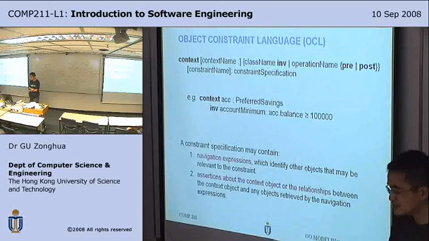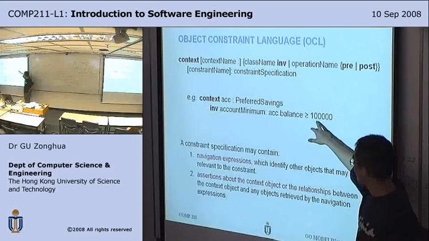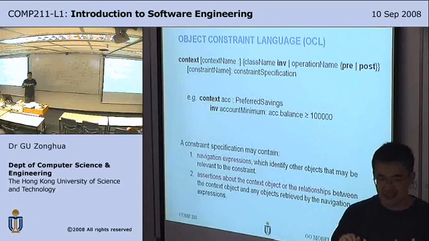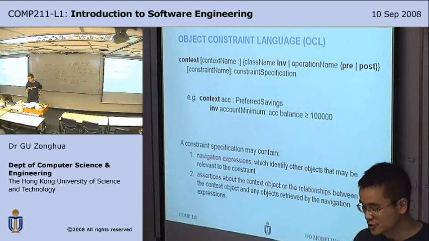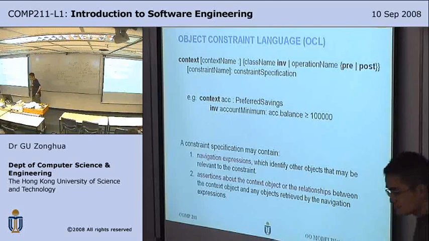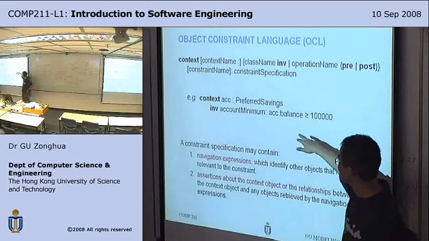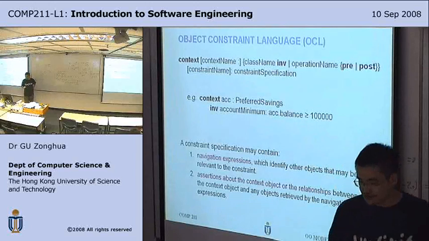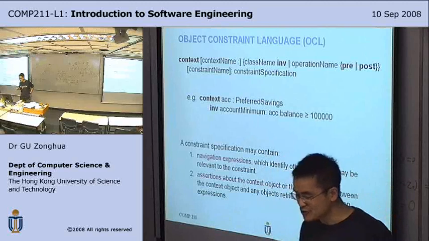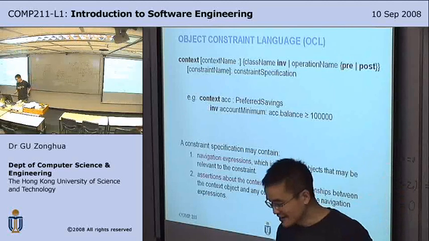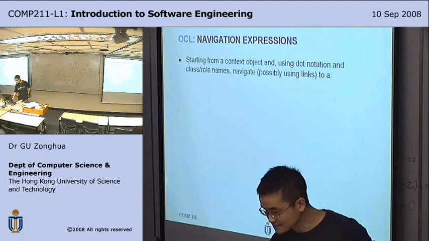So for this, ACC.balance greater than or equal to 100,000, this is an assertion. That is a Boolean expression that evaluates to true or false. This is the assertion about this context object, that is the ACC. There may be assertions about the relationships between the context object and other objects. So we will show some examples next.